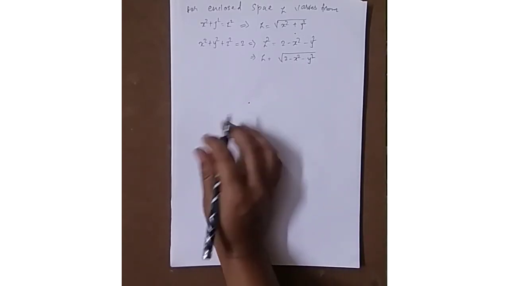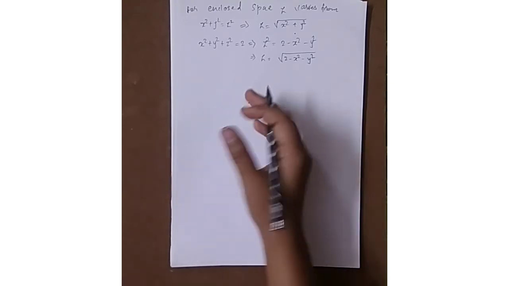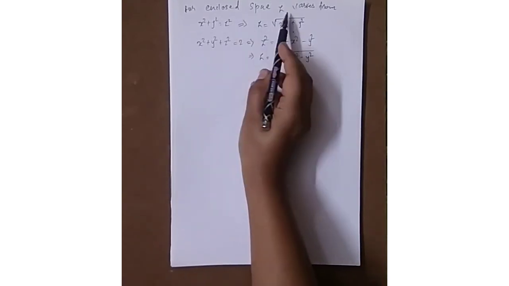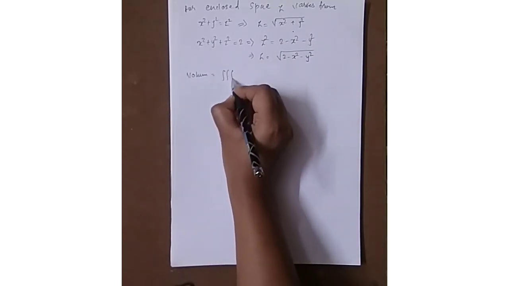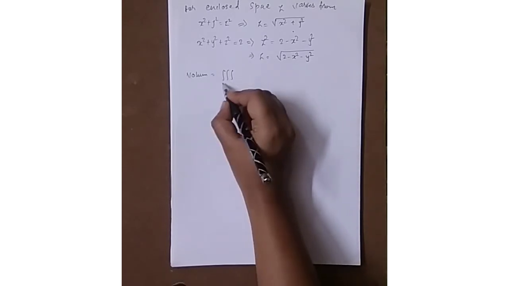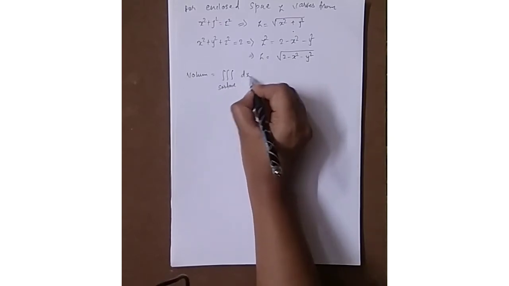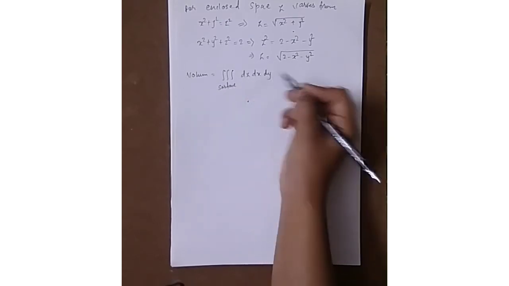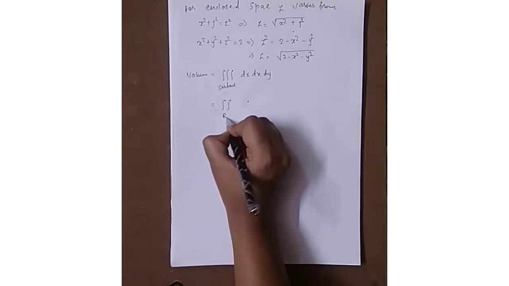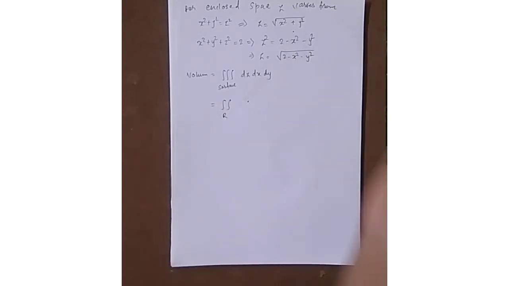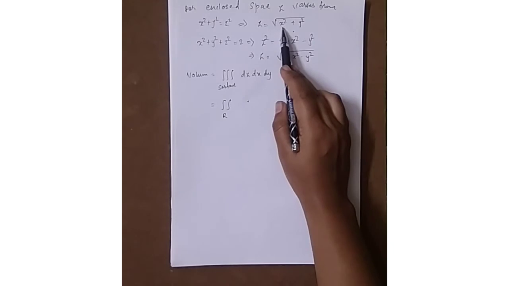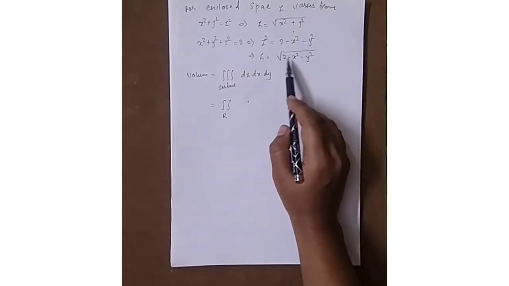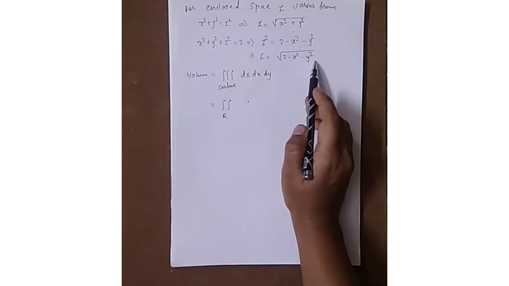So ultimately we have to find the volume of the surface which encloses this space. So the volume is equal to the double integration over R, and here I am writing the limit for z, that is square root of x square plus y square to square root of 2 minus x square minus y square.